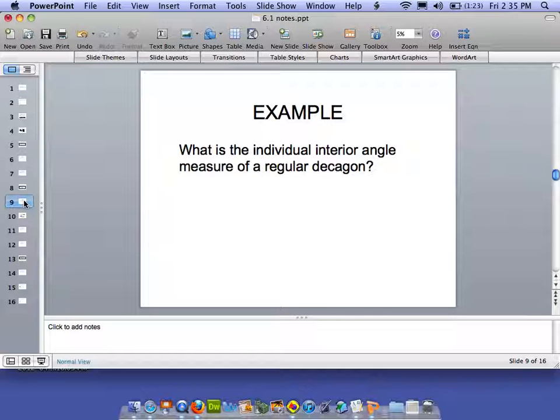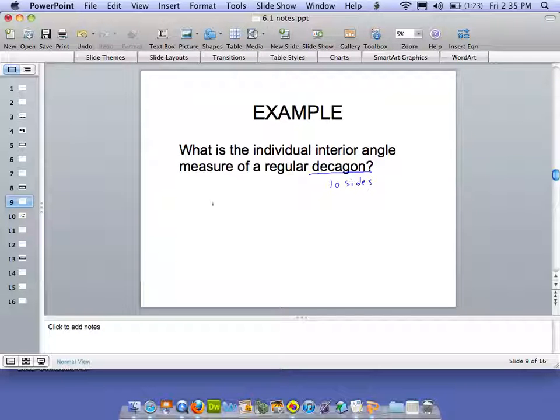So what is the individual interior angle measure of a regular decagon? Well, I'm going to say a regular decagon has 10 sides.